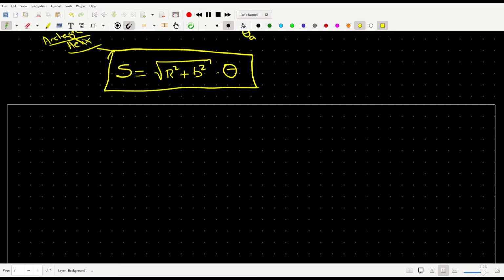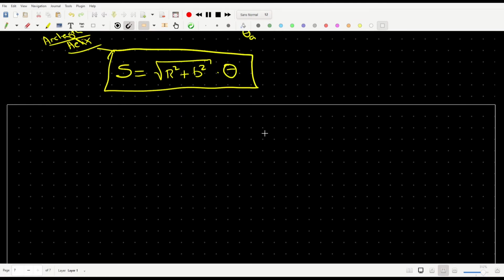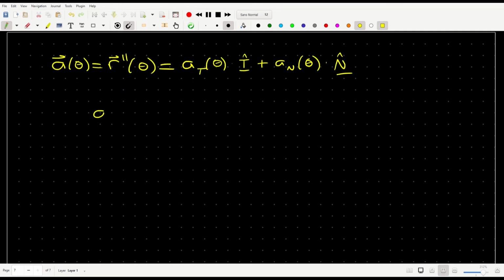So moving forward, using what we know now about acceleration, we know that the tangential acceleration is going to be the derivative, and so using what we know, the acceleration, or the second derivative of position with respect to the parameter, is going to decompose into a tangential component plus a normal component, both of which can be relatively easily computed.